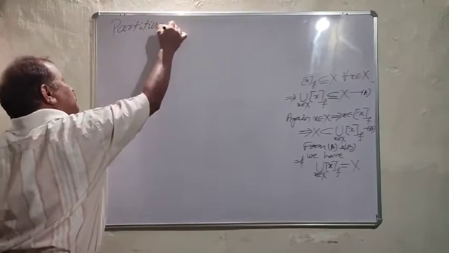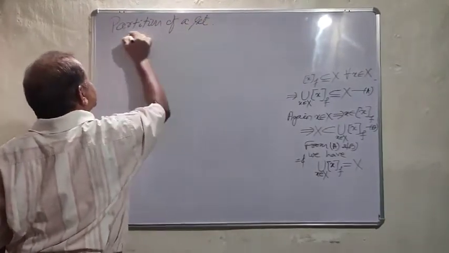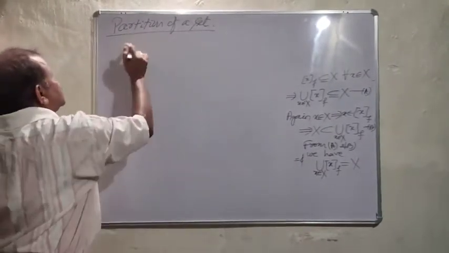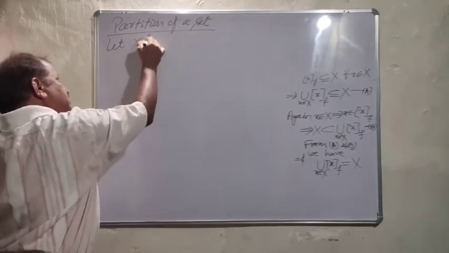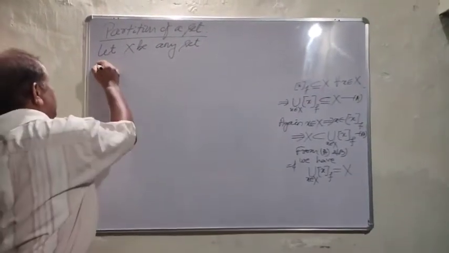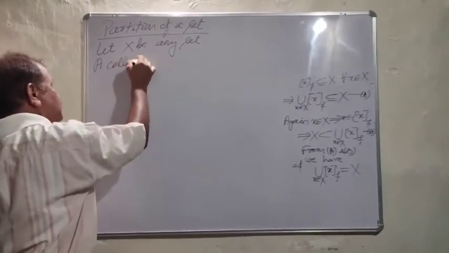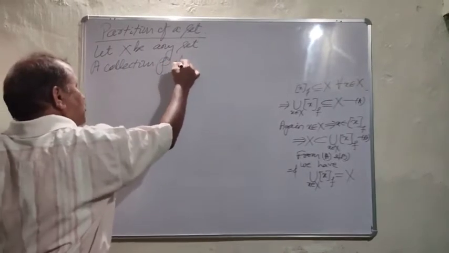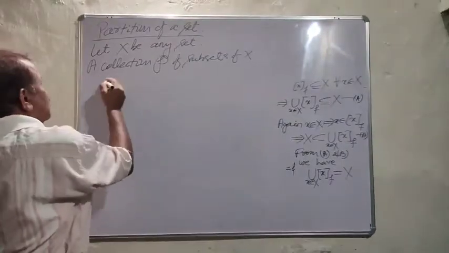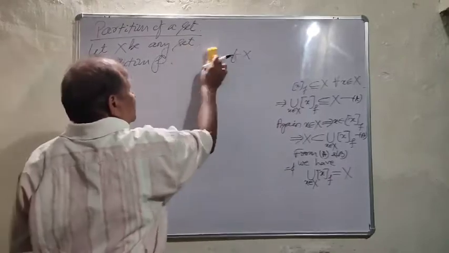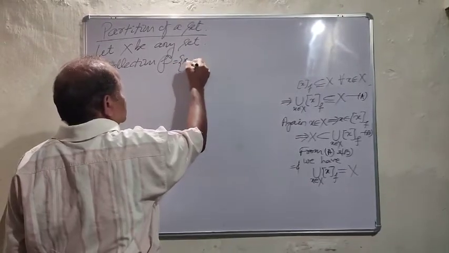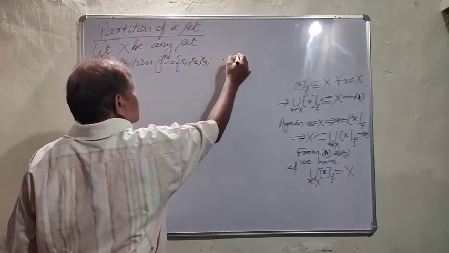Partition of a set. Let X be any set. A collection P of subsets of X, let us write down P equal to x1, x2, x3 up to xn.